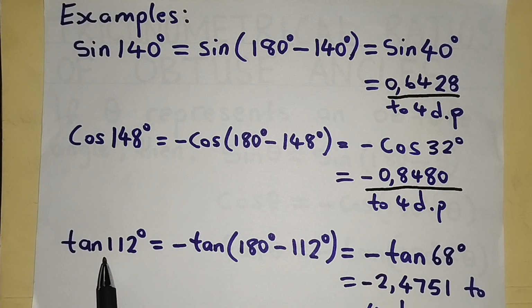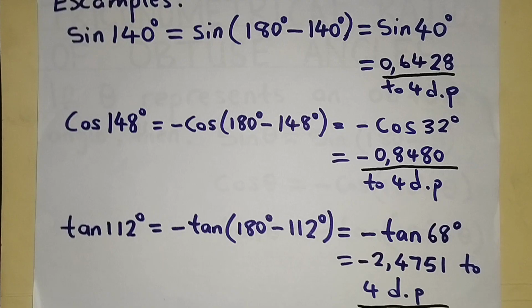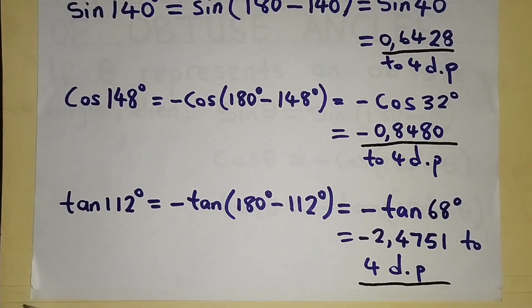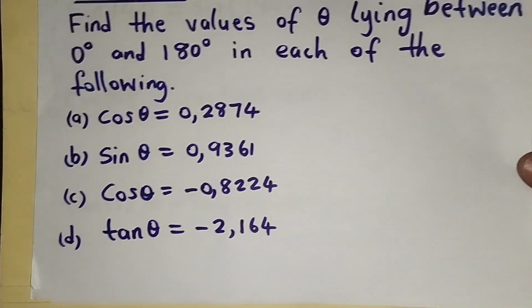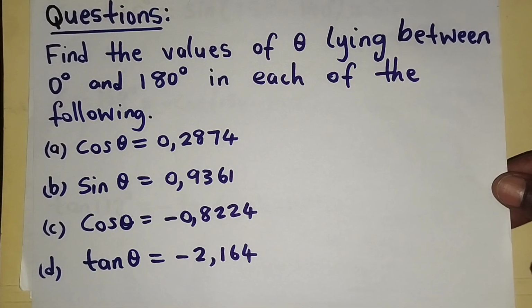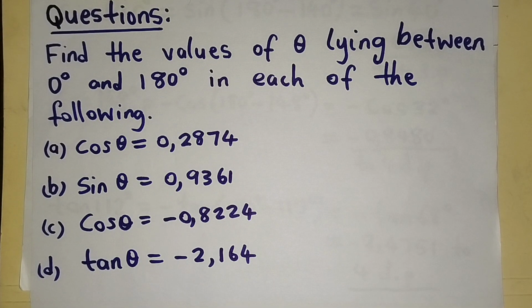And finally, the tangent of the obtuse angle 112 degrees equals minus the tangent of 180 degrees minus 112, which is equal to minus the tangent of the acute angle 68 degrees, which is equal to minus 2.4751 to 4 decimal places. So there are some questions here which will further enhance our understanding.